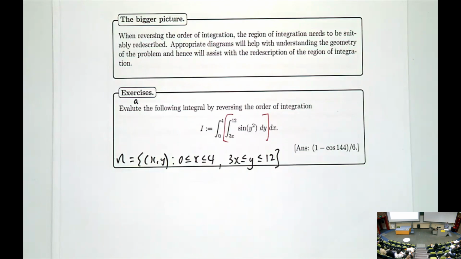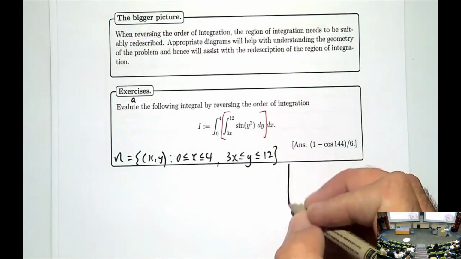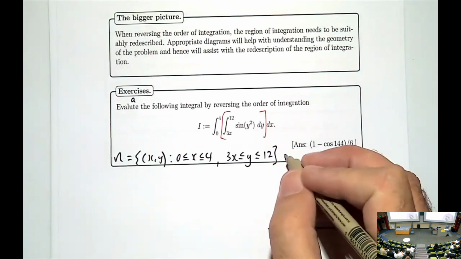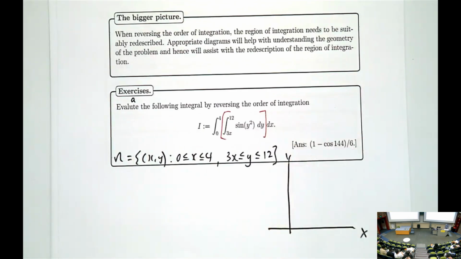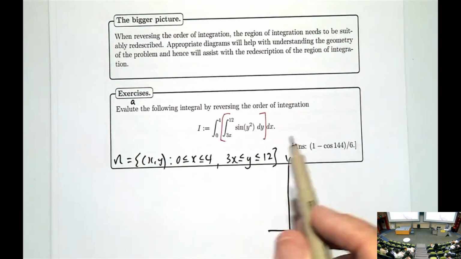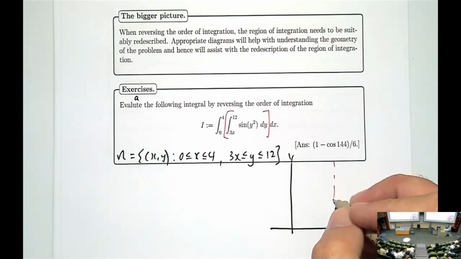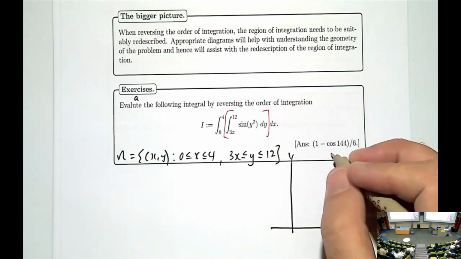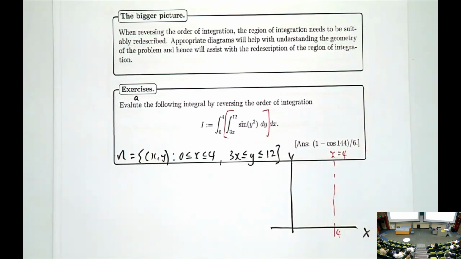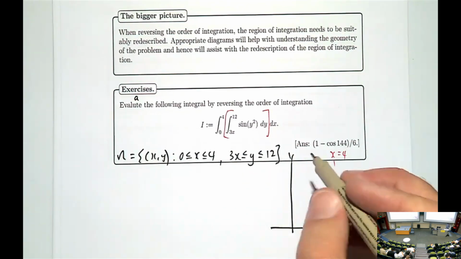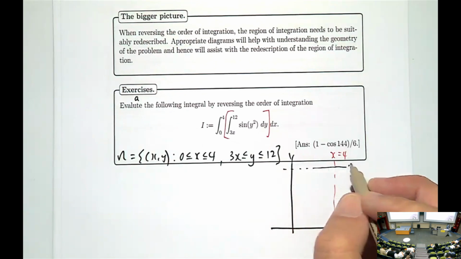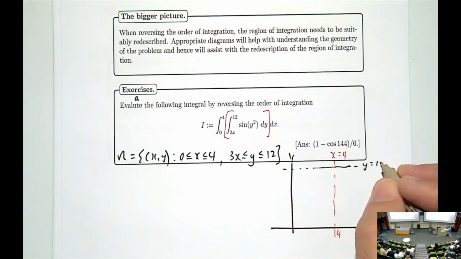So let's draw a picture and see how we go. Let's draw in the line x equals 4. Well, x equals 0 is just the y-axis. Y equals 3x and y equals 12. Okay, so let's just go up here. We'll imagine that there's different scaling on the axes.